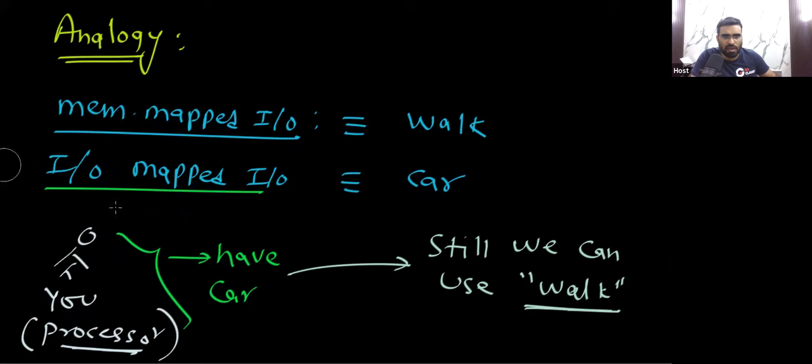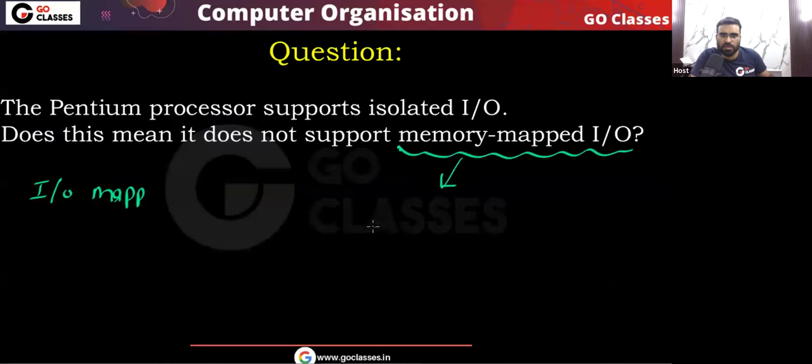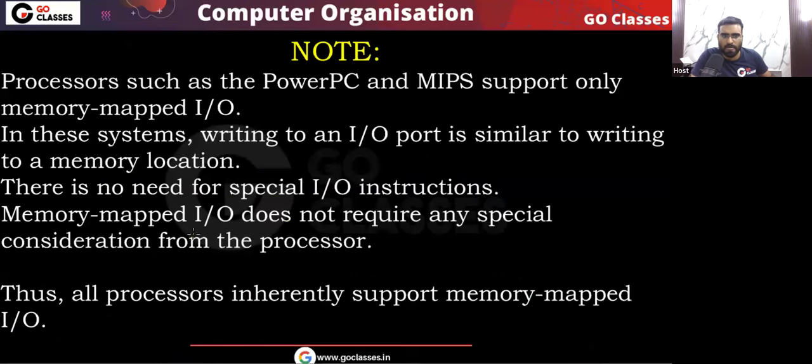Still we can walk. So it is our choice whether we want to walk or not. This is the point I'm saying. So finally, does it mean it does not support? The answer is no. So read this. This question I have actually taken from a standard book.